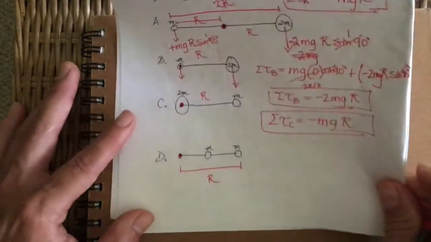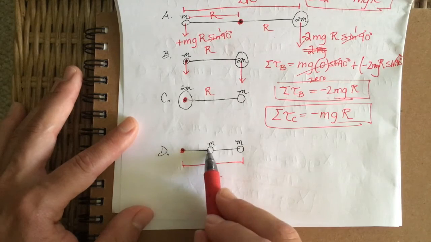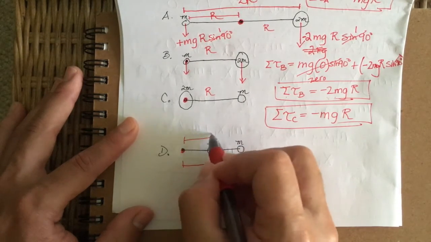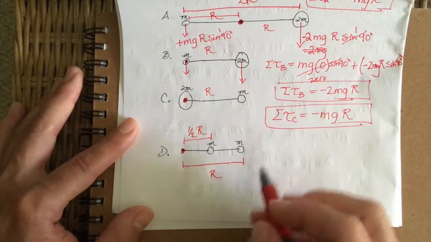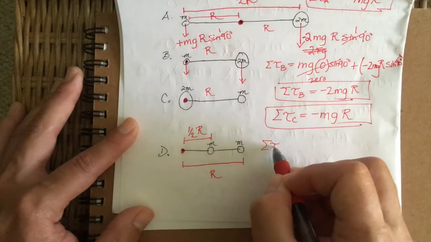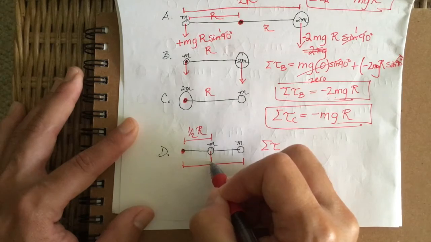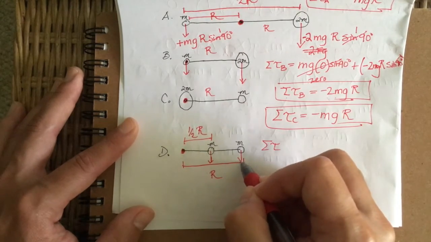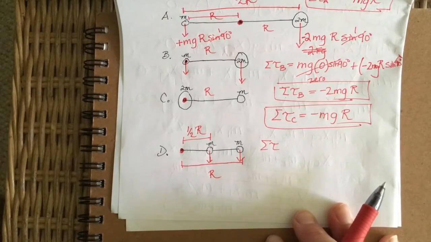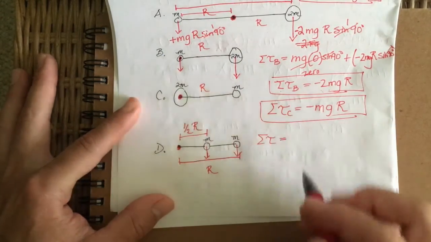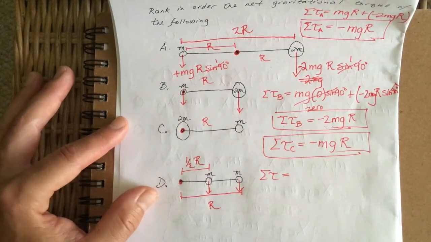All right, part D. Now we have no masses at the pivot, but we have this mass being a shorter distance away. This distance here is 1/2 r. So when we sum the torques, both of these are going to exert a force of gravity which is the same, but this one's further out, and they're both going to be negative. Notice that the sum of the torques is not 0. It's only 0 when it's in equilibrium, right?